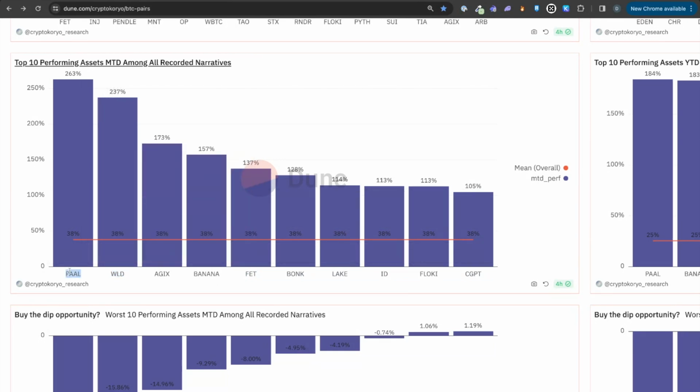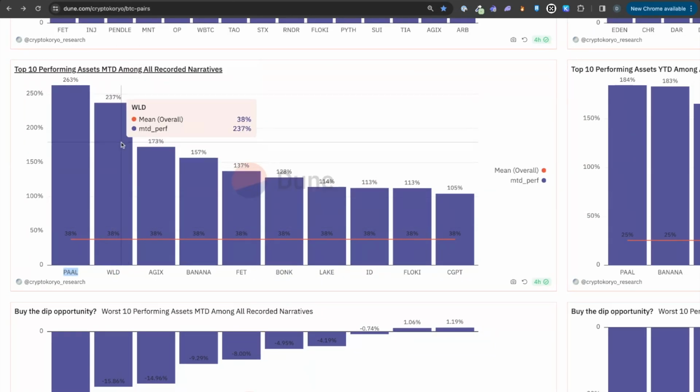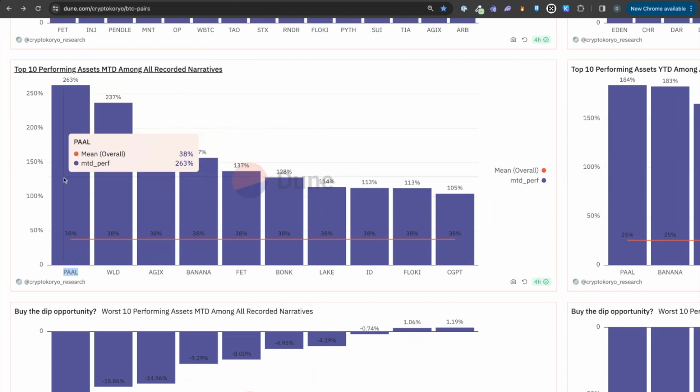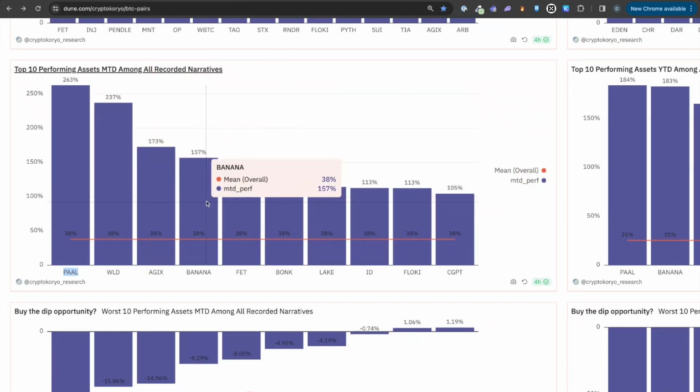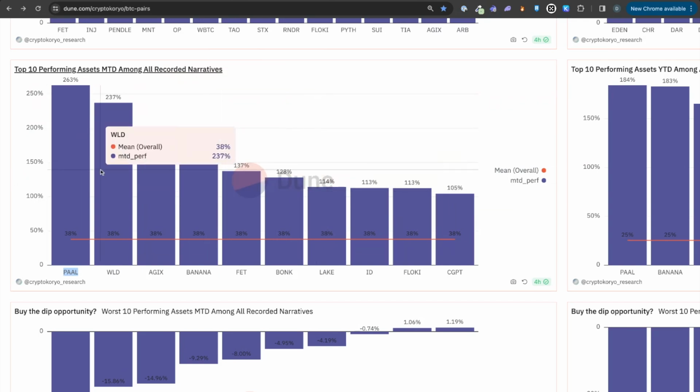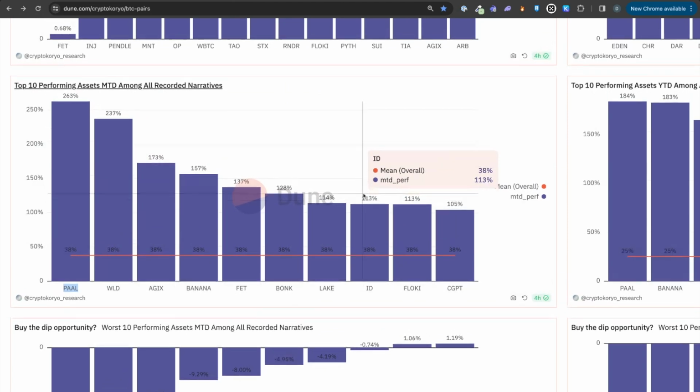This is the best performing asset of the month among 200 assets. You might want to look into this generally and see that the best performing assets of the month are mostly AI-related stuff. So maybe I should really have a look into all the AI stuff. Maybe it's really trending.